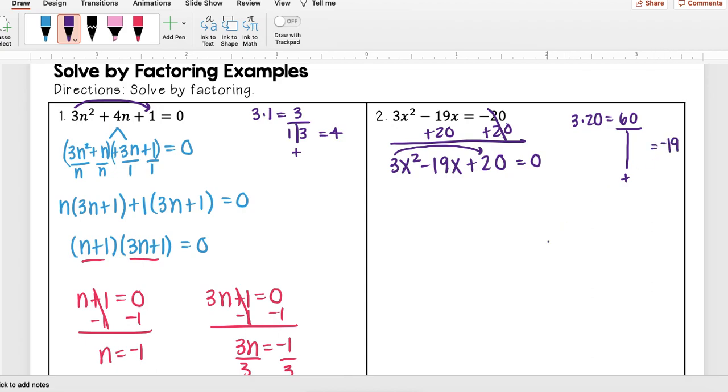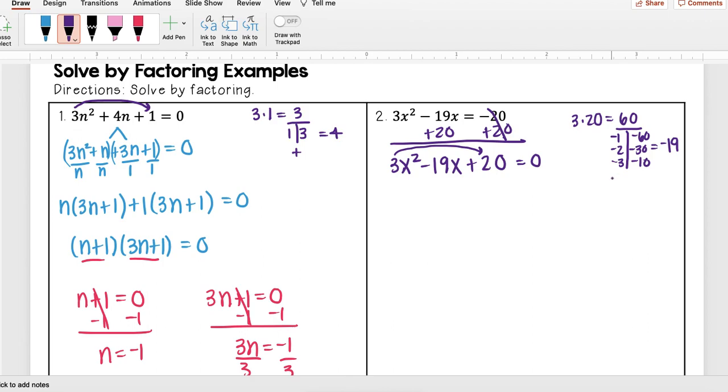So since they're multiplying to a positive number, but they're adding to a negative number, that means that both of my factors are going to be negative. So negative 1, negative 60, nope. Negative 2, negative 30, no. No. I need a little more space.